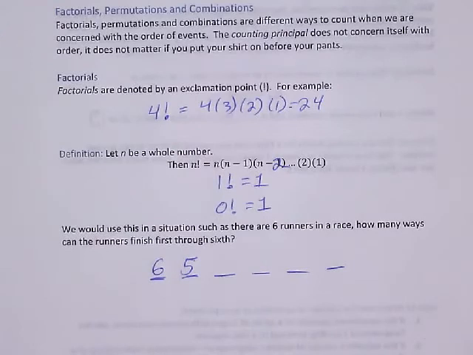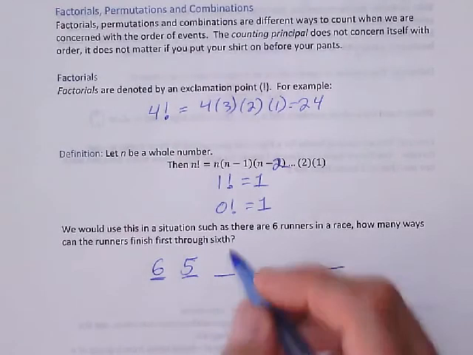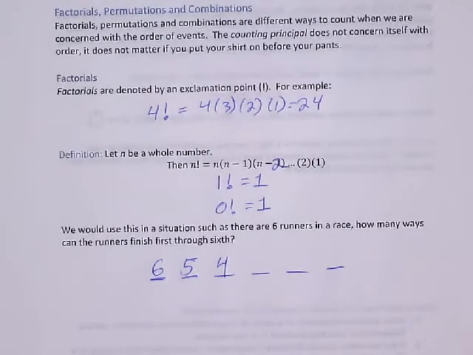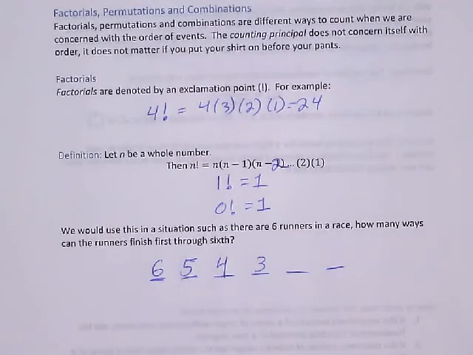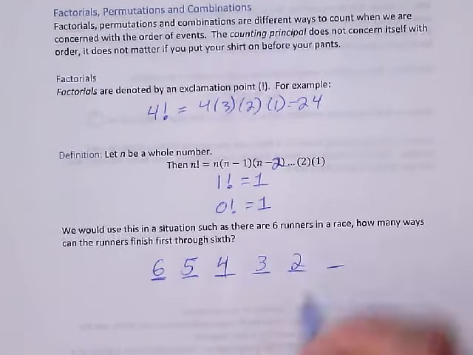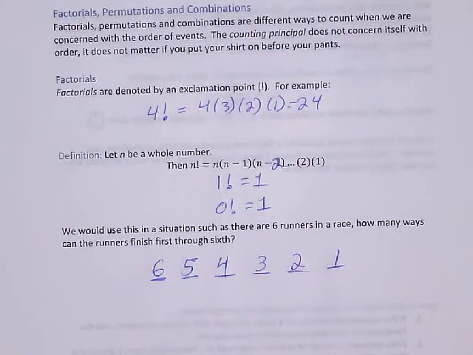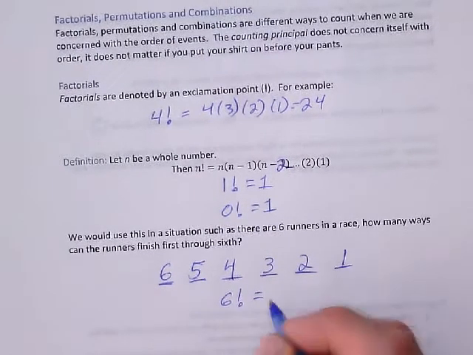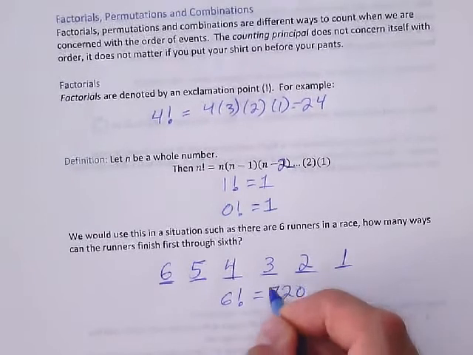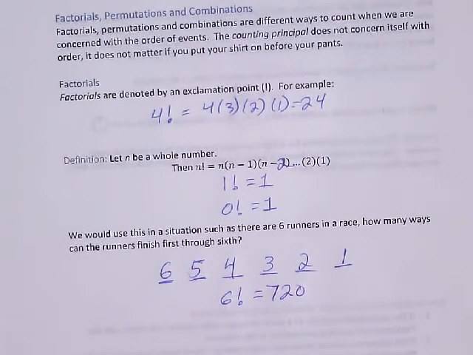Well, one of the runners already finished, so that would mean that there's 5 remaining. Now that 2 have come in, for 3rd place, there's only a choice of 4. For fourth place, there's only 3 because the other 3 have already finished. Now it's a race for last. Only 2 people can come in second to last, and only 1 person can come in last. So this is the same thing as 6 factorial, which equals 720.